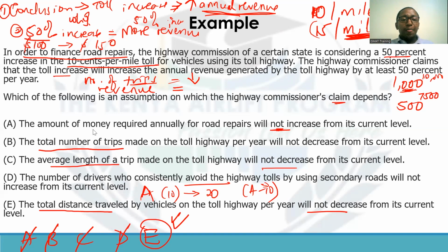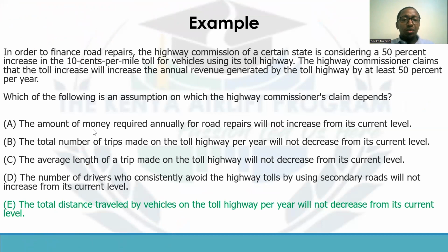So see now, in this example, we can easily use negation, because if we say the total distance traveled per year will not decrease, we can just remove the not and say the total distance traveled by vehicles per year will decrease. If it decreases, the revenue goes down, so that weakens.